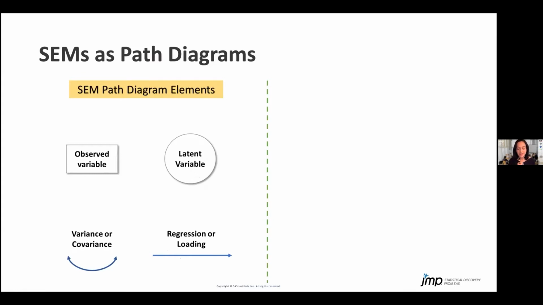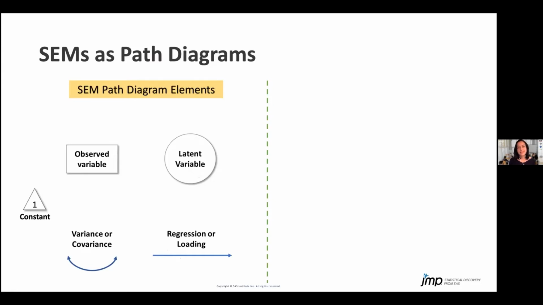There is one other shape that you might come across in diagrams, and that is a triangle. Unfortunately, we're not going to be able to talk about the triangle in this presentation. The triangle represents a constant, and it's used to model means and intercepts.